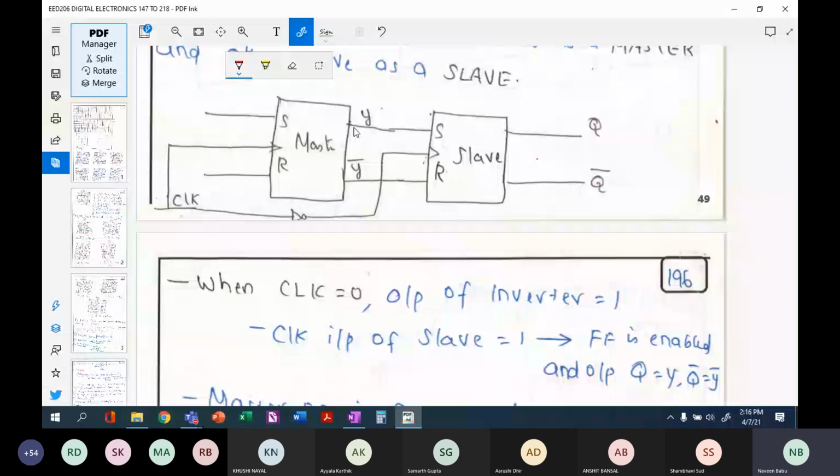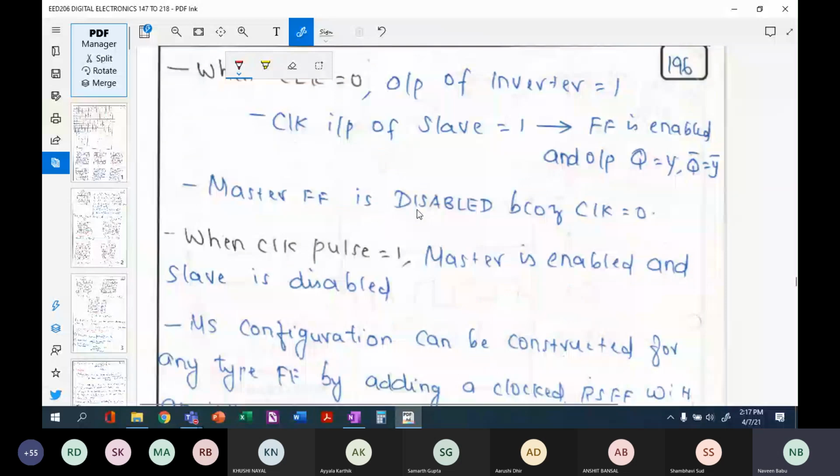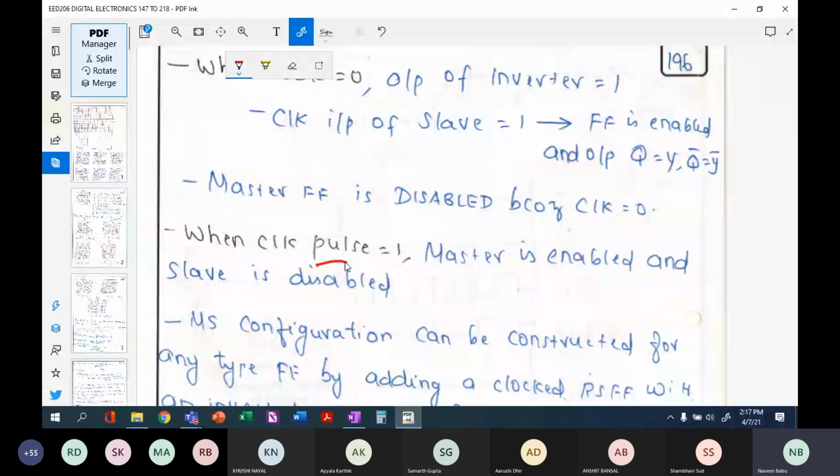Whenever your clock input is 0, you are enabling your slave. Then your Q will get the output of Y and Q bar will get the output of Y bar, and the master flip-flop is disabled because your clock is 0. Now when your clock is 1, the master is enabled and the slave is disabled.